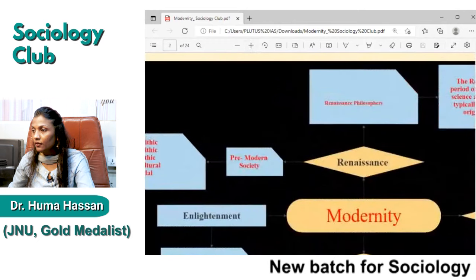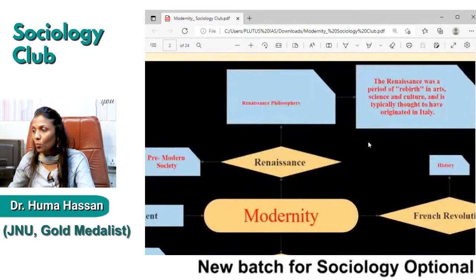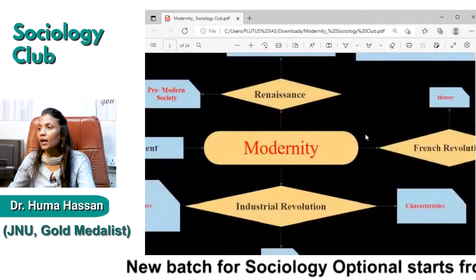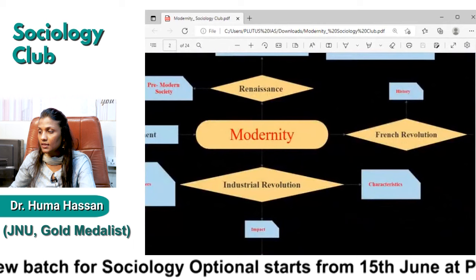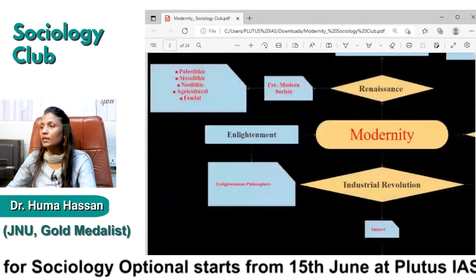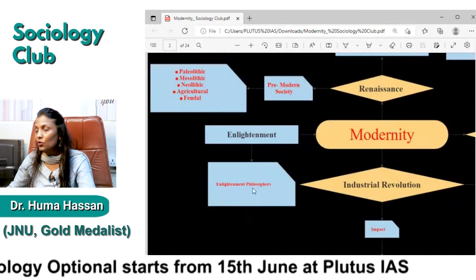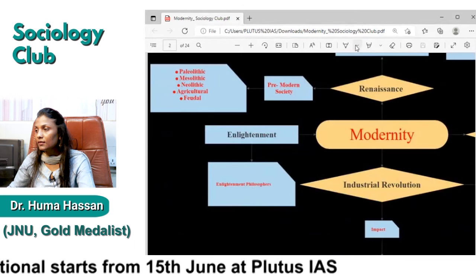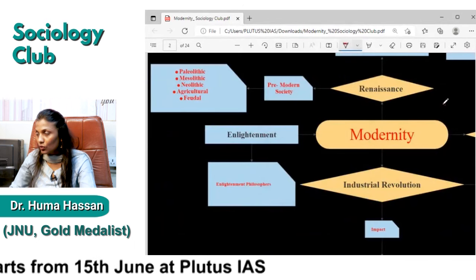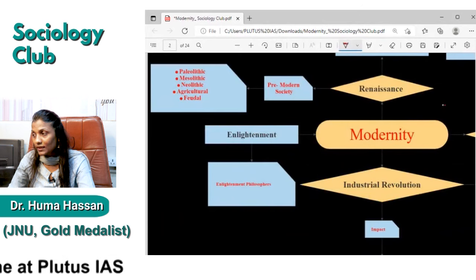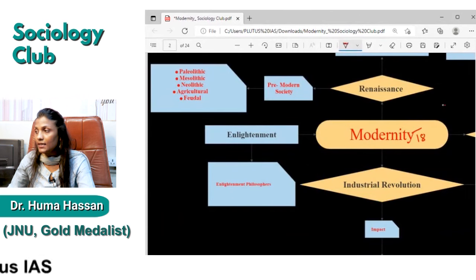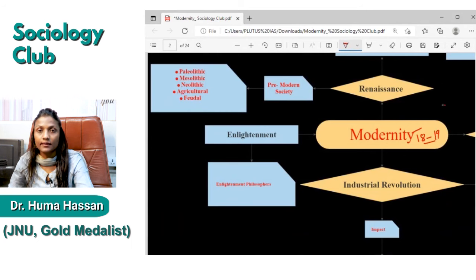Let me zoom in to modernity. In order to understand modernity, you need to see what the Renaissance phase is. We are dealing with modernity, which started in the mid-18th century and got its full swing in the 19th century.